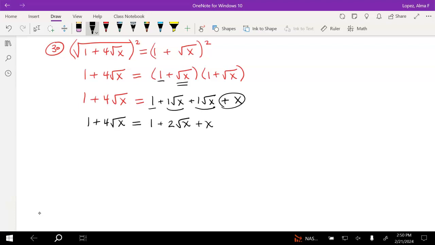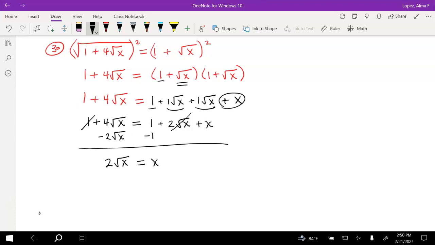Now, I notice that we have the same type of radical on both sides. So I'm going to start off by moving the 1 to the right, but I'm going to move this 2 square roots of x back over to the left, which will make them a negative 2 square root of x. 4 of them minus 2 of them gives me 2 square roots of x. On the right, all that is left is x.